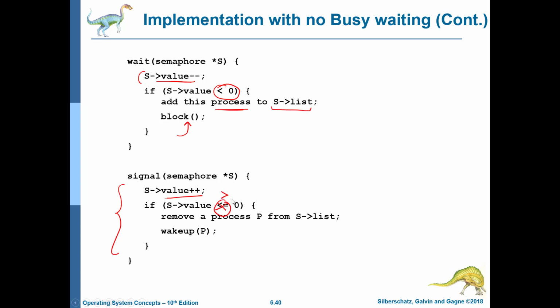So we increment the value, and if the value is greater than 0, then we remove a process P from the list and we wake it up. This less than or equal to is not correct, it should be greater than. So this is what is done, and a process is woken up.